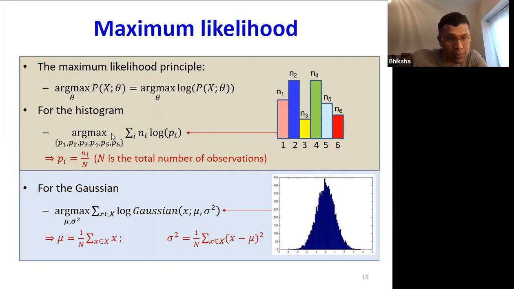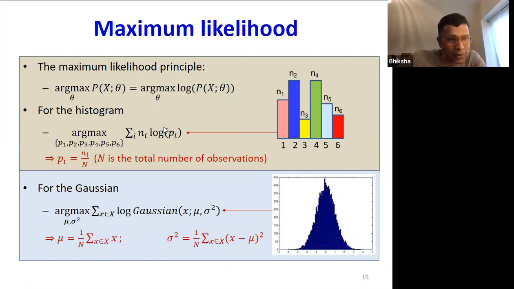Now, in your experiment, this number is given. You know exactly how many times each outcome was observed. This term p is what you don't know. This is the parameter of the distribution. So you're going to try to estimate these probability terms such that this term here is maximized.